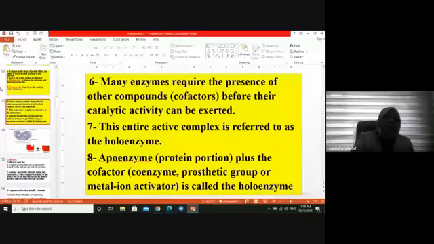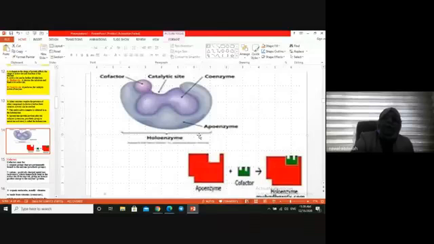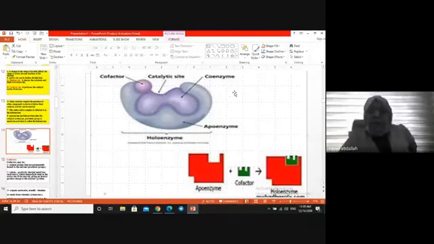In this figure, we explain what the holoenzyme is. It consists of the apoenzyme, which is the protein portion of the enzyme, plus the cofactor, which contains the catalytic site: the coenzyme or metal ion, cation, or other types.